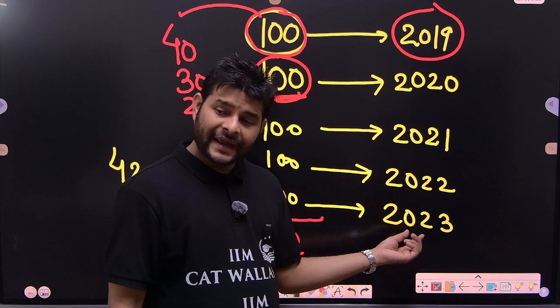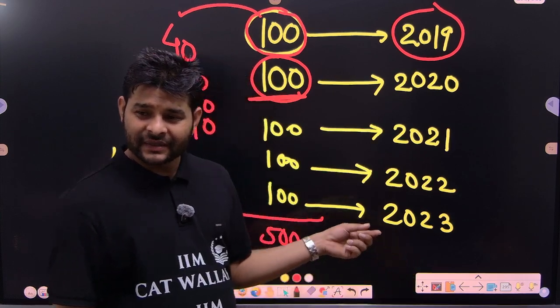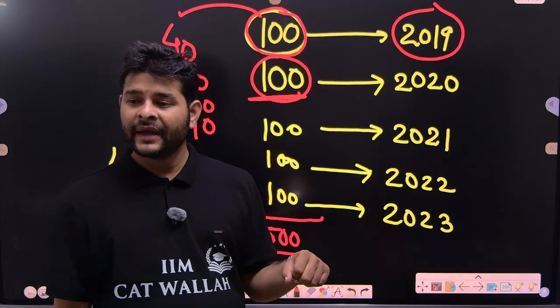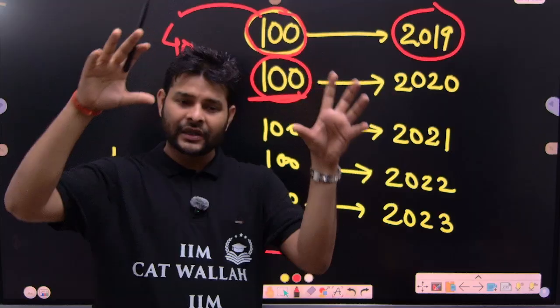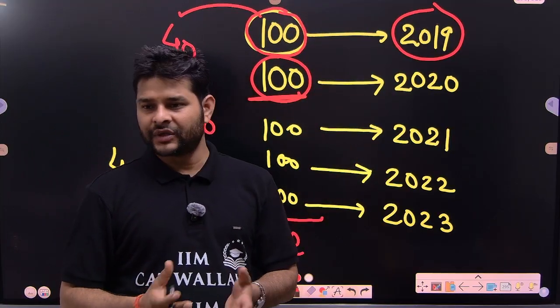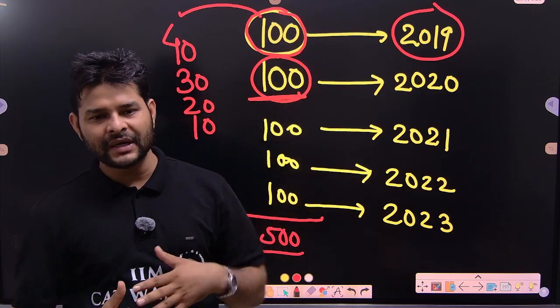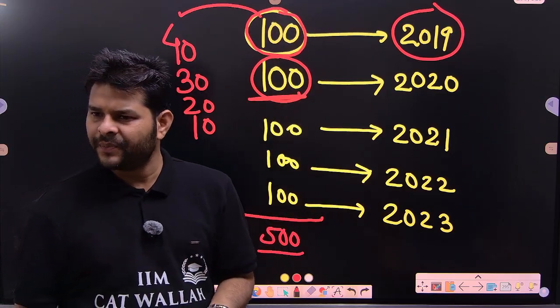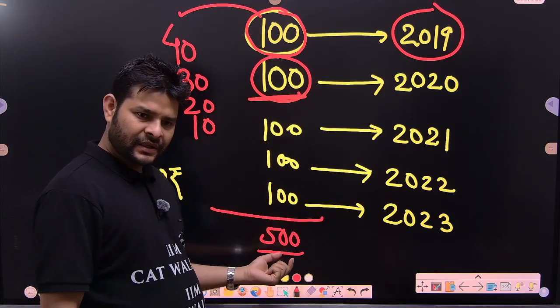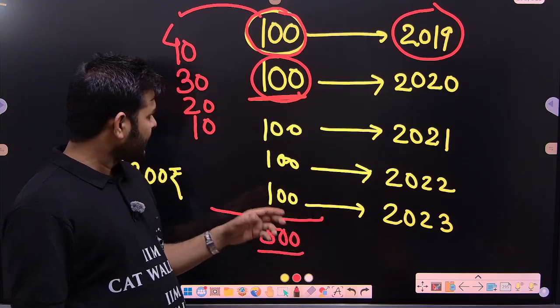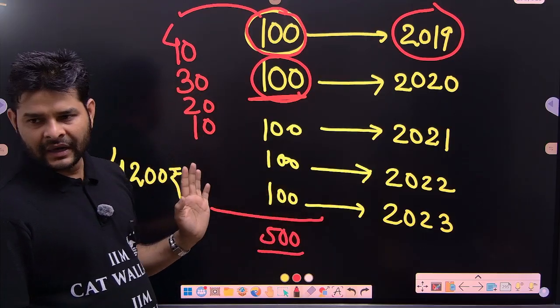Because at the end of the year he deposits 100 unit, and at the end of the fifth year he gets all the payment. So that means he deposits in the morning and withdraws in the evening. There is no simple interest provided. So the principal is 500 units and the simple interest is 100 units.